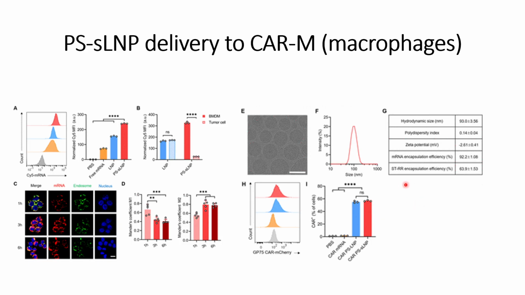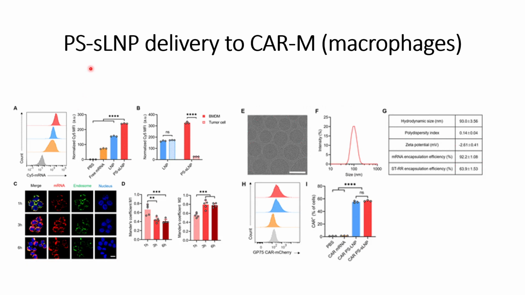And one more thing, they checked whether the uptake of their PS-sLNP occurs through phagocytosis or not. For that, they first treated the cells with empty PS-sLNP without any mRNA, and then treated them with Cy5 mRNA.